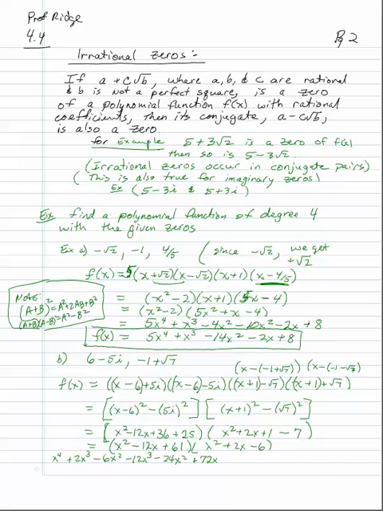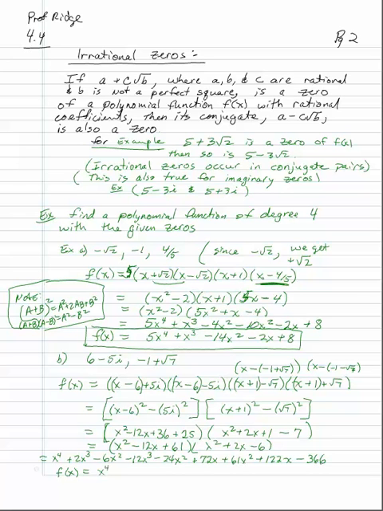Now distribute the 61, so that's 61x squared plus 122x minus 366. Combine like terms.